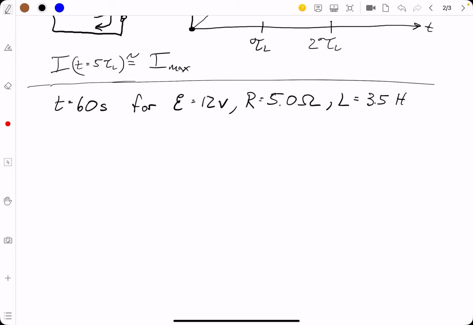Fine. So there's a couple of ways you can do this, but we want I of t. Okay? So I of t in this situation. We're going to put our E here, our R there.